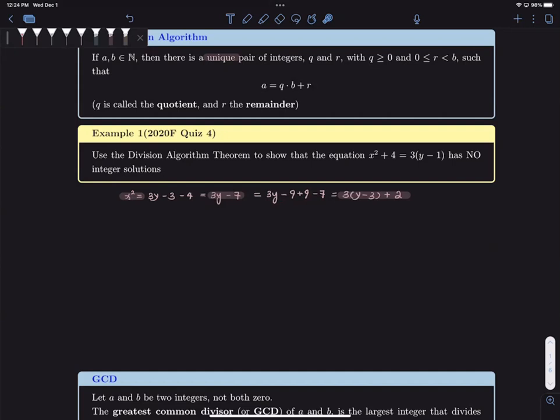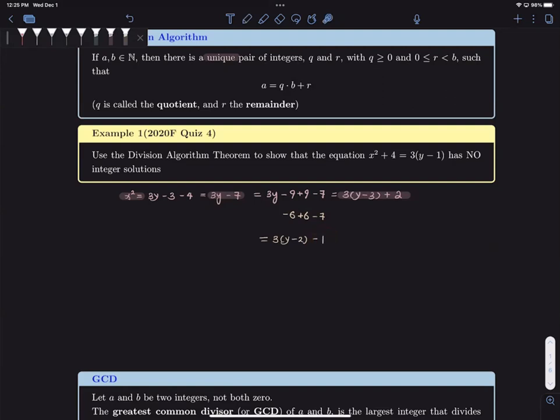So you can use 6 plus 6 minus 7. The reason I chose 9 instead of 6 or 3, those are all good, but if you use 6, that's going to be 3 times y minus 2 minus 1. This is a negative number.